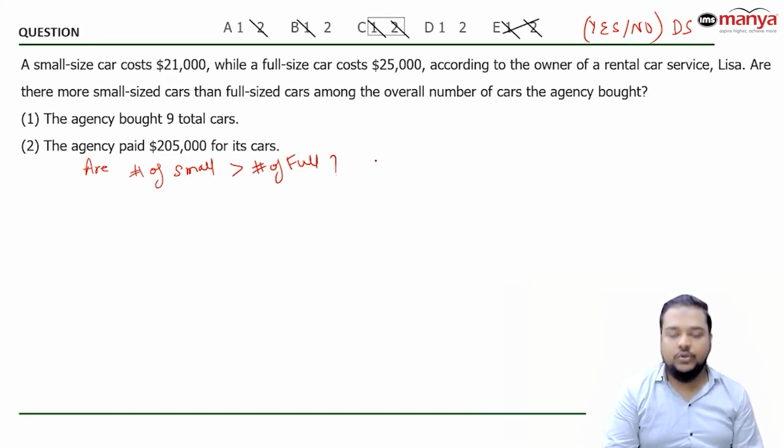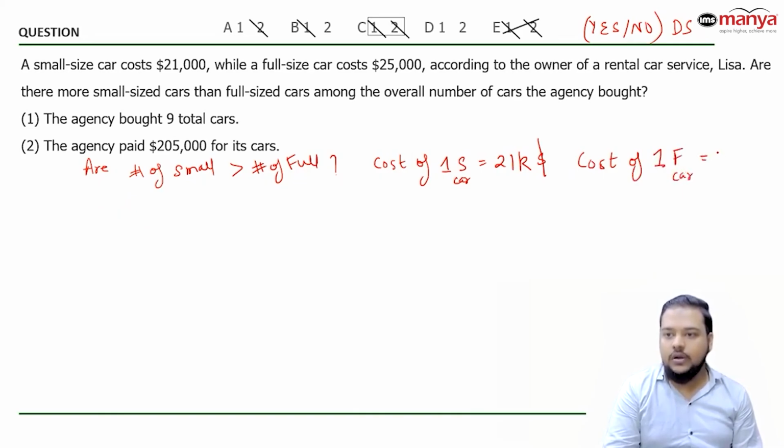We know that the cost of one small car is $21,000. I'm using K just for the thousand. And the cost of one full-sized car is $25,000.